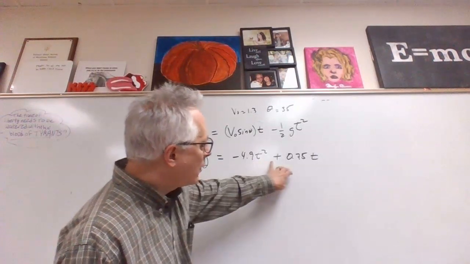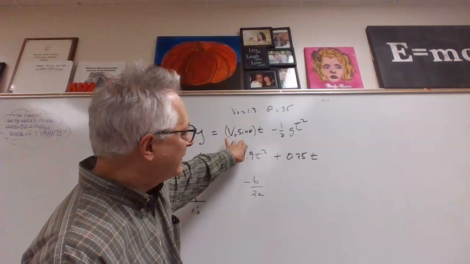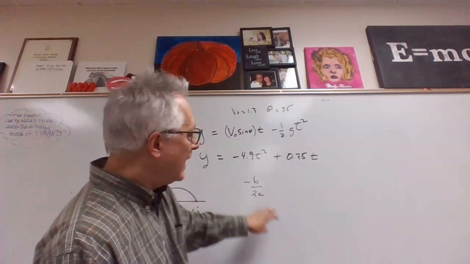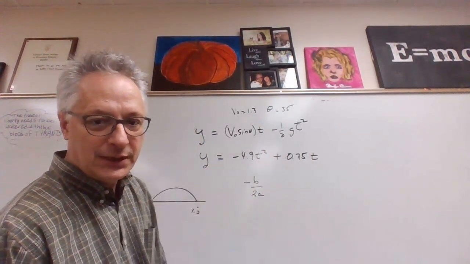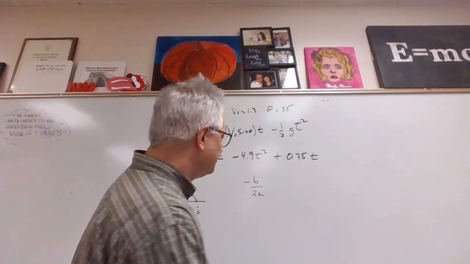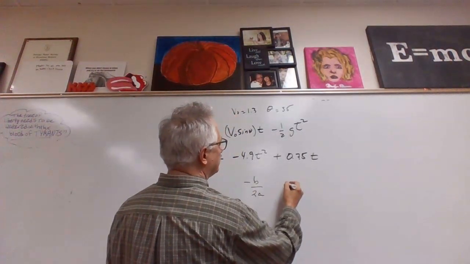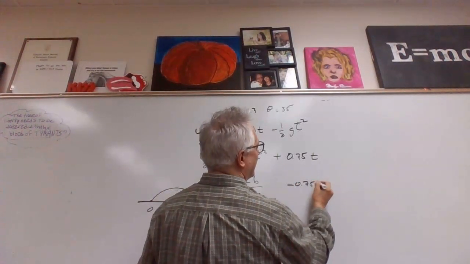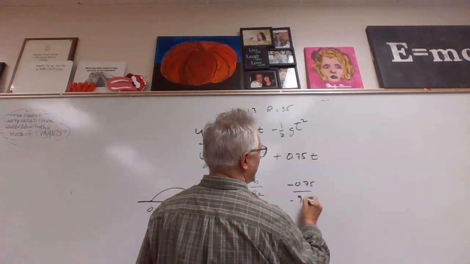So if you go ahead and write out the equation for your y value, v0 sine theta, that's your y velocity, times time minus 1 half gt squared, and you rearrange it to put it in standard form, you can find the axis of symmetry using negative b over 2a. Negative b is negative 0.75, divided by negative 9.8.